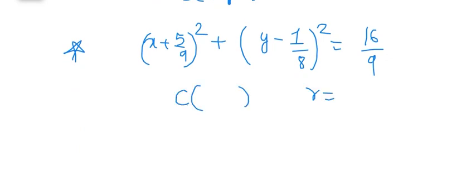The center will be -5/9, 1/8, and the radius would be 4/3, since the right side is 16/9. Good job. 4/3 is the radius. This is how you identify center and radius.